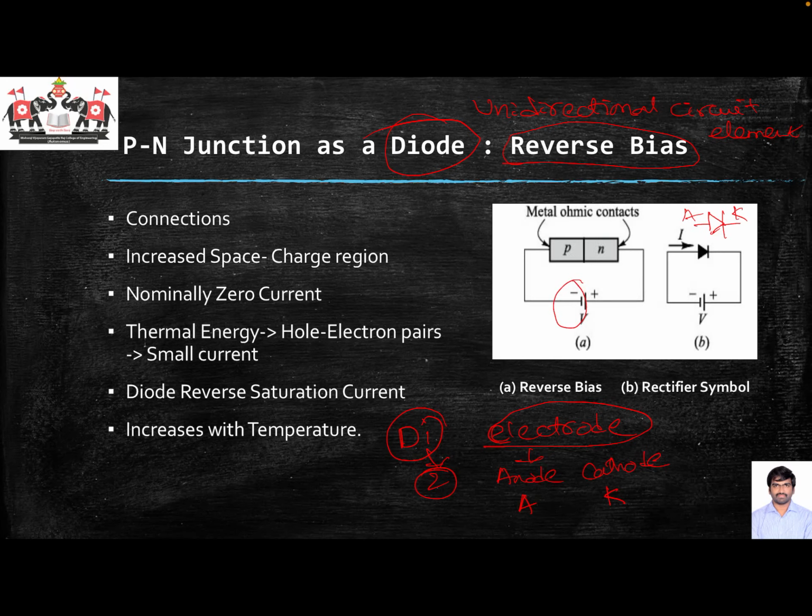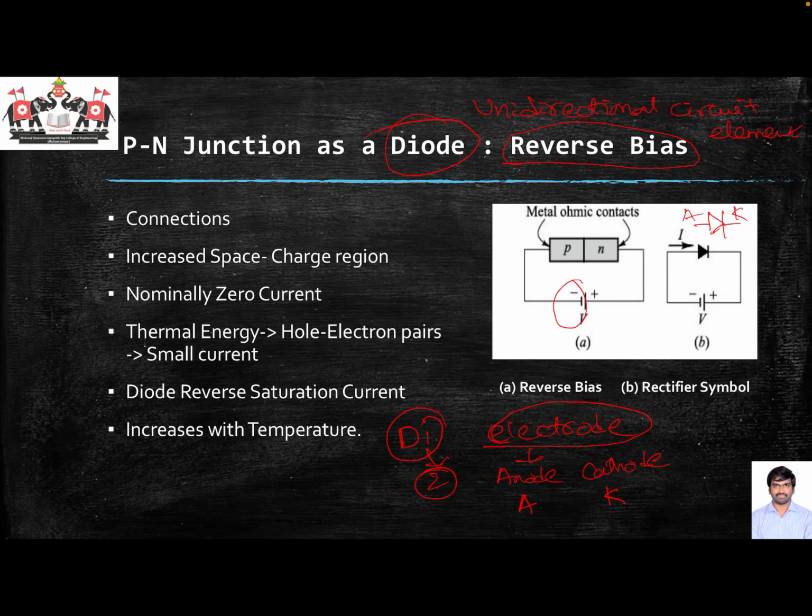These holes move towards the left hand side, leaving more and more acceptor ions uncovered. Similarly, the electrons are attracted towards the positive terminal of the battery, leaving more donor ions uncovered.